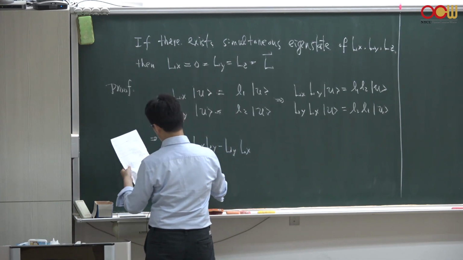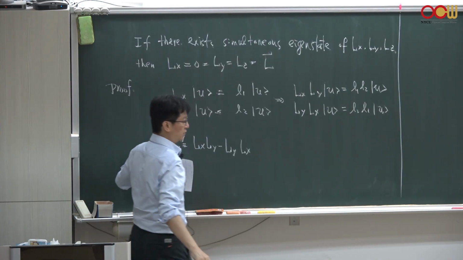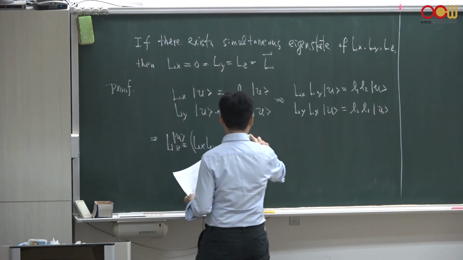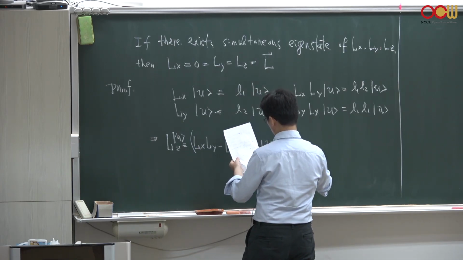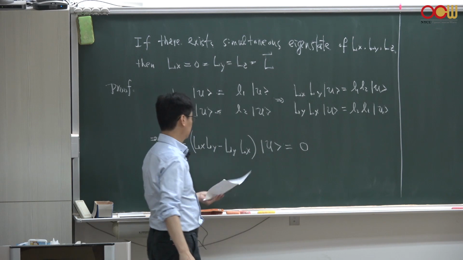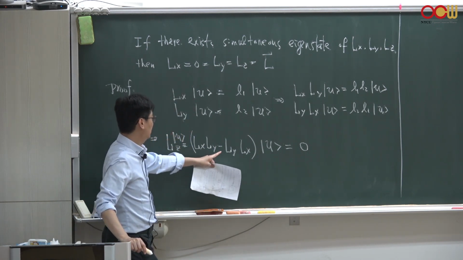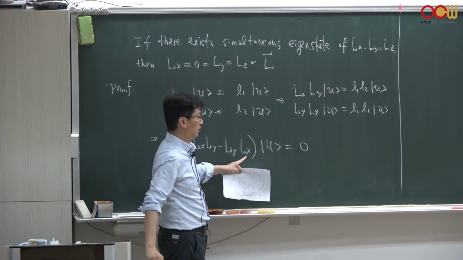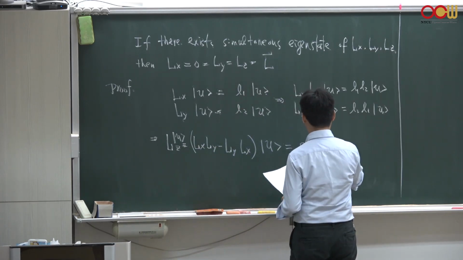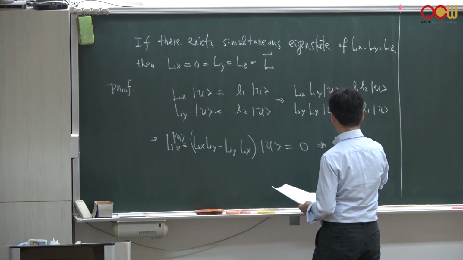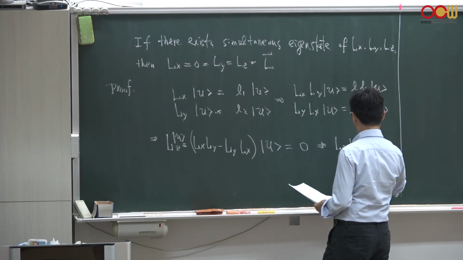So you act with the Lz operator onto this simultaneous eigenstate U. What you get is 0, because Lx Ly acting on U is the same as Ly Lx, so they just cancel exactly. So you get this very strange result that Lz acting on U is actually 0.